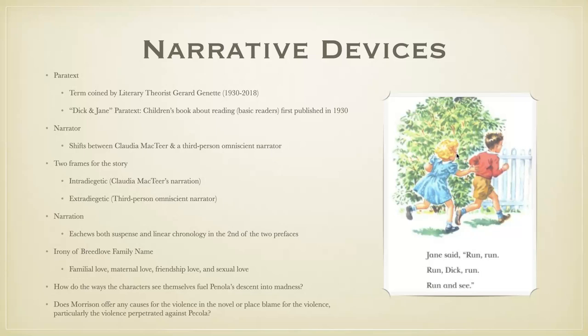Paratext refers to all the external elements that make up a published book, other than the main text created by the author. For example, the cover art, the title page, and any external aspects of a book that help provide insights into a literary work.